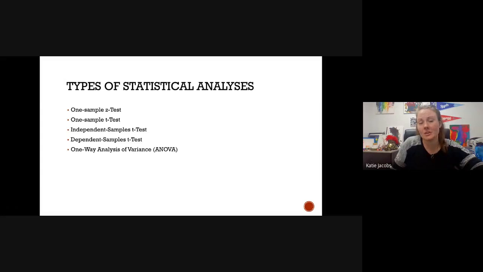We're also going to learn something called the one-way analysis of variance. That's going to be a really tough one, probably our toughest that we'll learn this semester. There's also a factorial ANOVA. I'm not going to get into that, I think, this year, but that's a more complicated version of the one-way ANOVA, basically. We're also going to learn the Pearson product moment correlation.